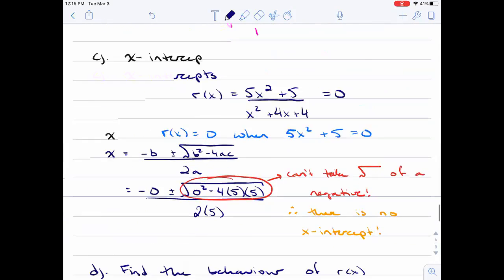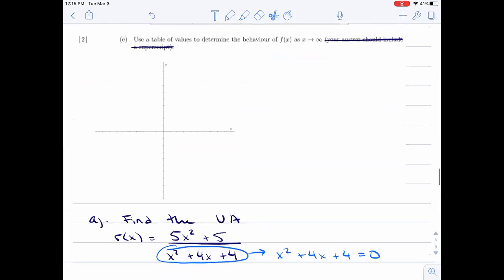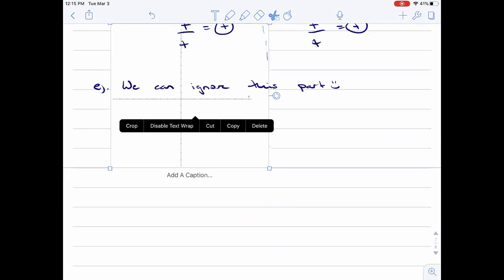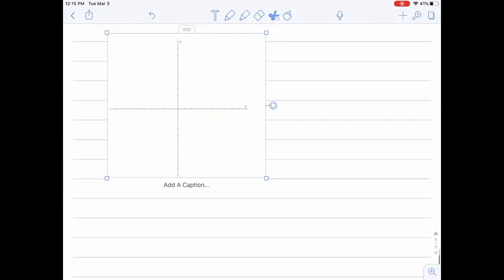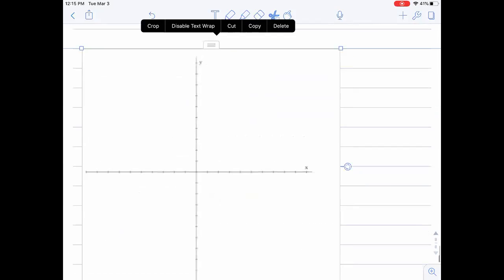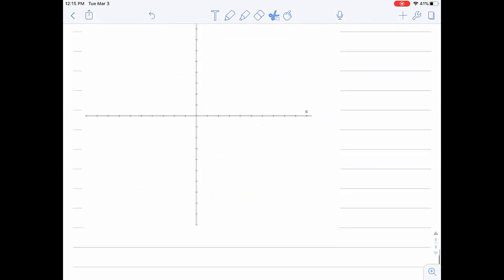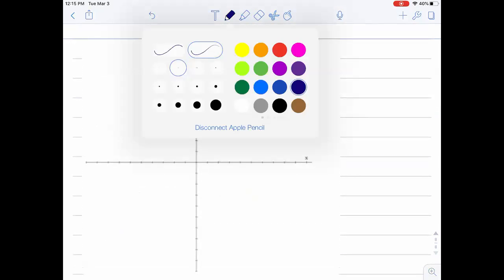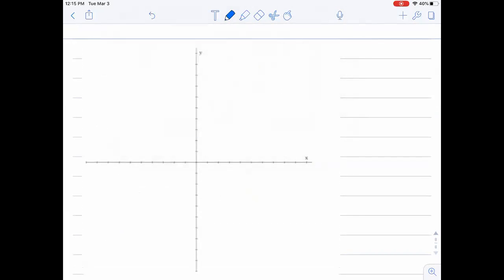Now, I am going to steal the graph because I obviously am not very good at drawing things to scale. Okay. All right. So I've got this graph and I'm going to learn my lesson.